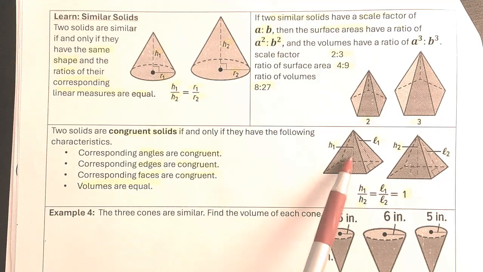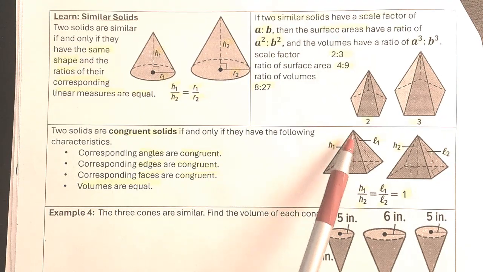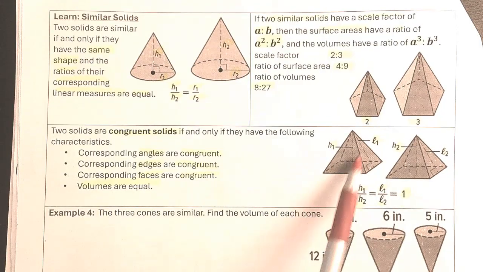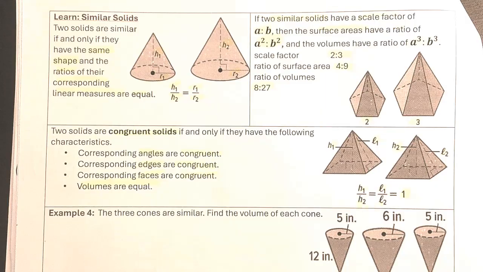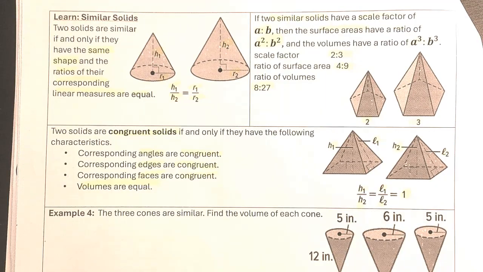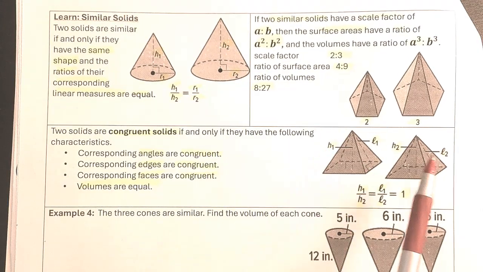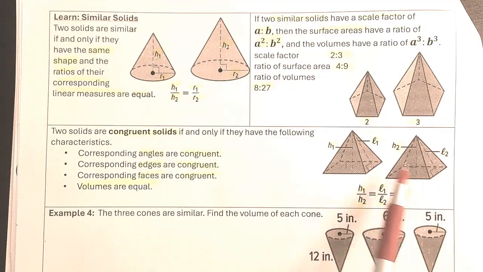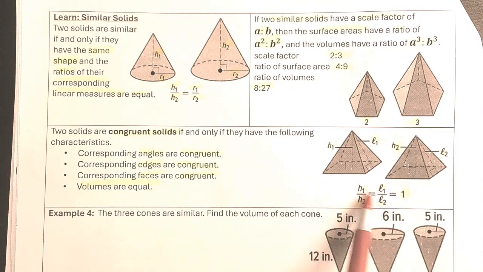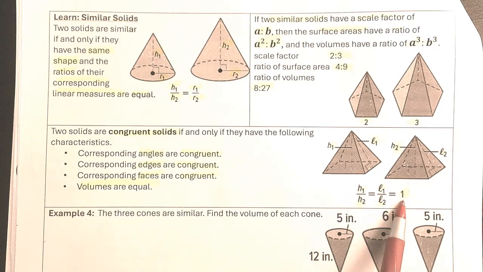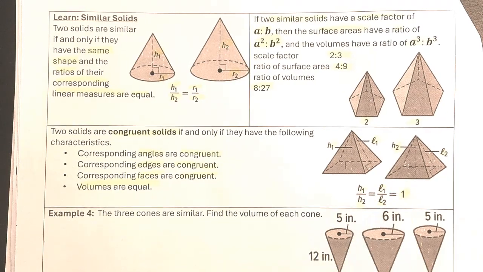Well, in three dimensions, they have angles, edges, faces, and volumes, because they can be filled with something. They're not a flat surface. But in this case, your height 1 to height 2, your slant height 1 to slant height 2 would all be equal, or the ratio would be 1.